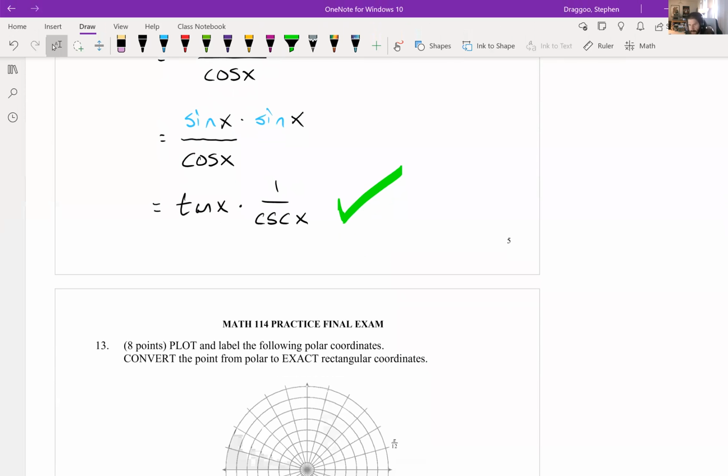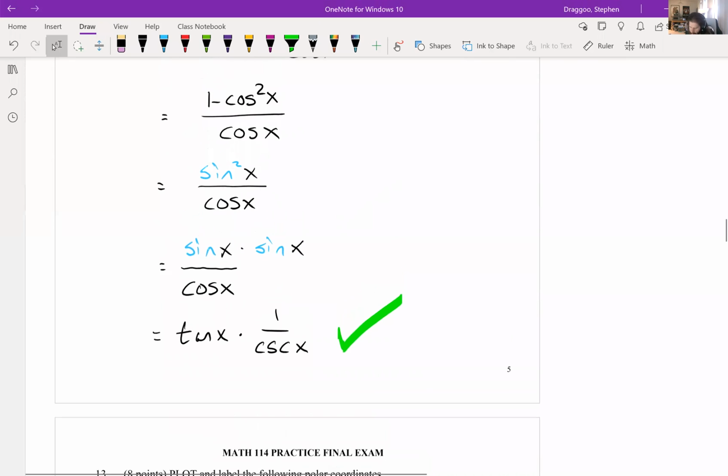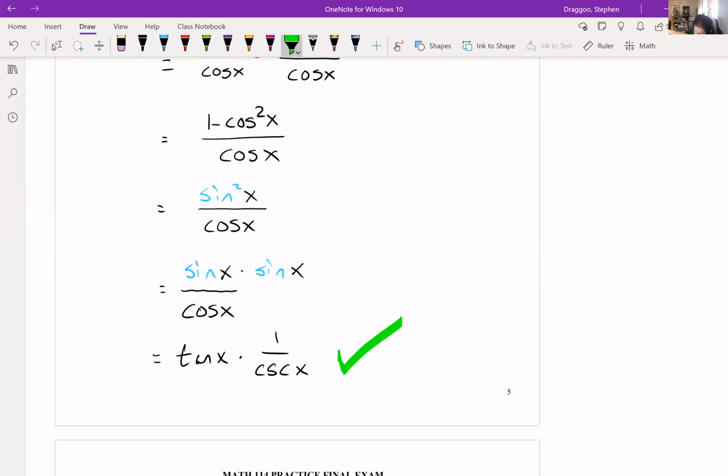So if this problem showed up on the final, which there will be at least one verified trig identity on the final, the last step won't be as awkward as this one, because I think most everything made sense up till here, or at least all the steps are relatively straightforward to get to that point.